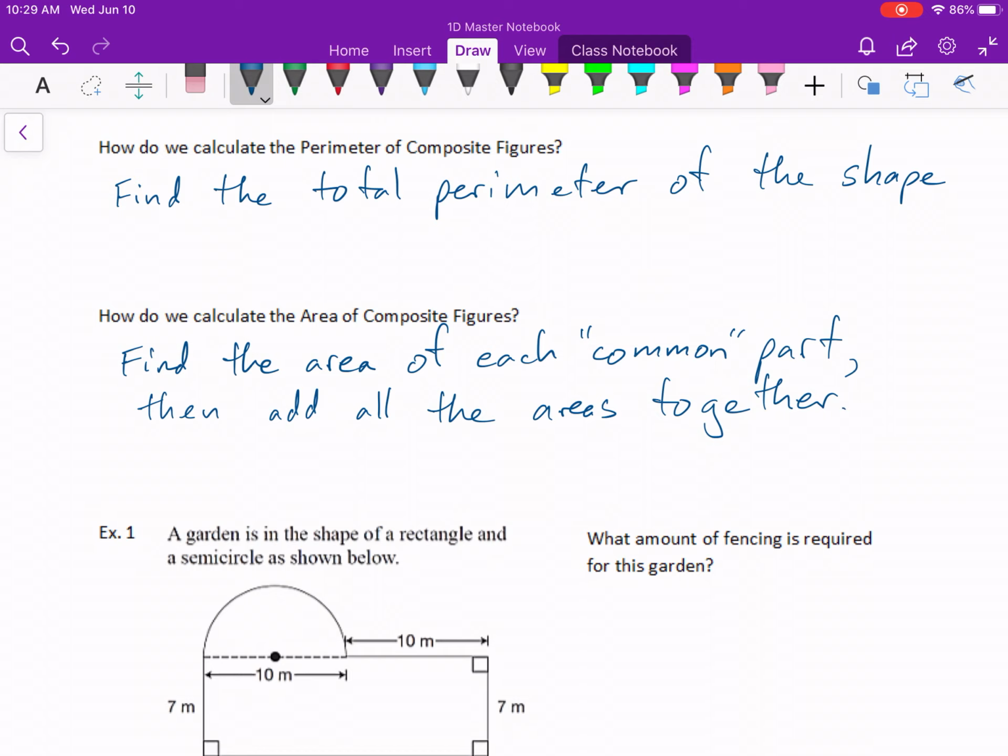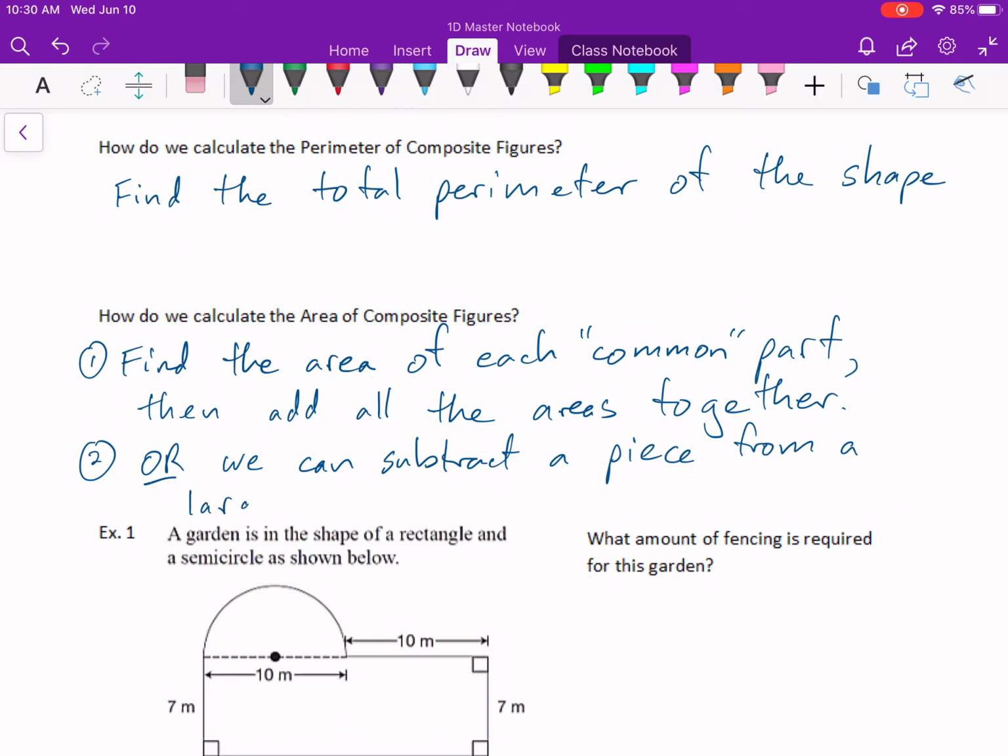There's actually a second way, so maybe I should mention it. Depending on the situation, sometimes we need to subtract. So it depends.